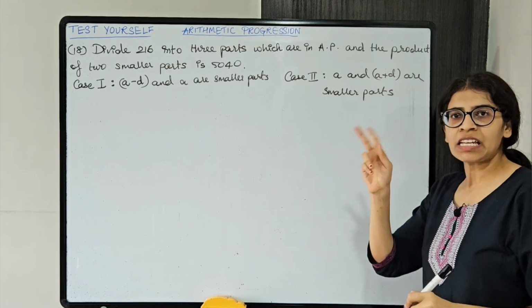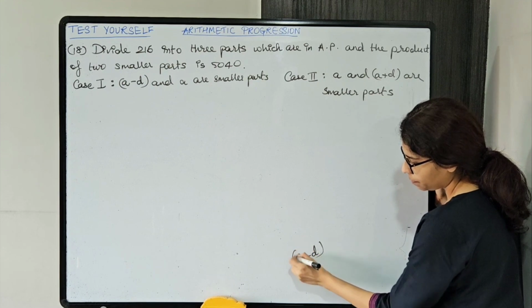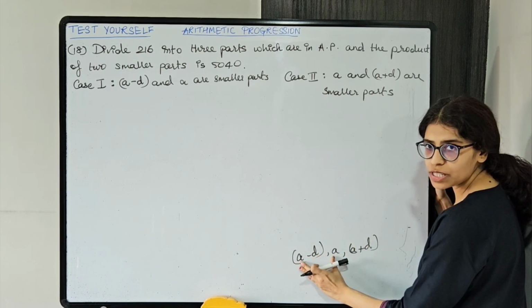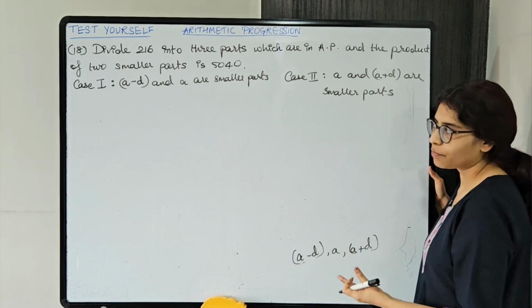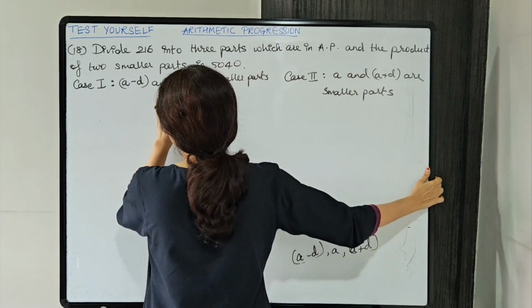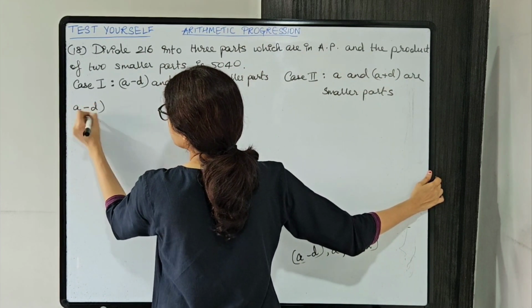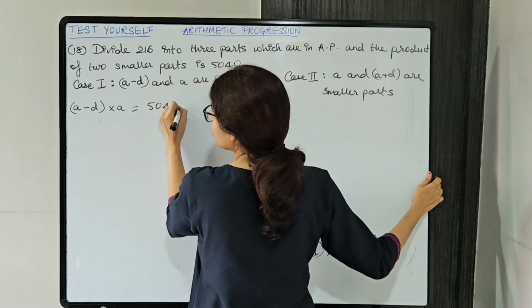Okay, consecutive terms consider करना है. तो it is like this: a minus d, a and a plus d. ये दो स्मॉल हो सकते हैं इससे, या फिर ये दो स्मॉल हो सकते हैं इससे. ओके, सो if these two are smaller terms, then we are told that product of the smaller terms is equal to 5040.